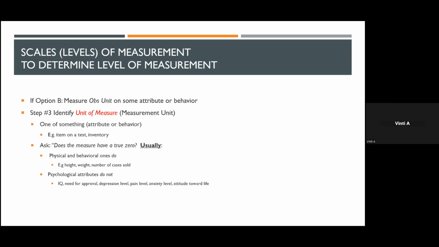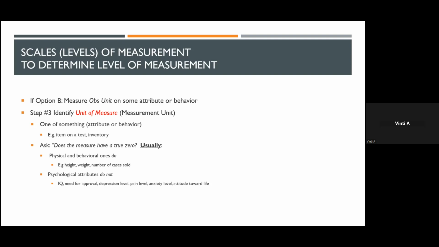Now let's say you are going with option B, measure the unit on some attribute or behavior. If it has a true zero, then what does it become? A ratio scale. But if it does not have a true zero, but it is a measurement, then you have an interval scale.